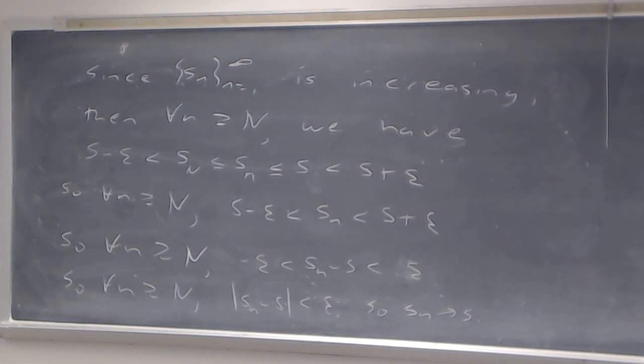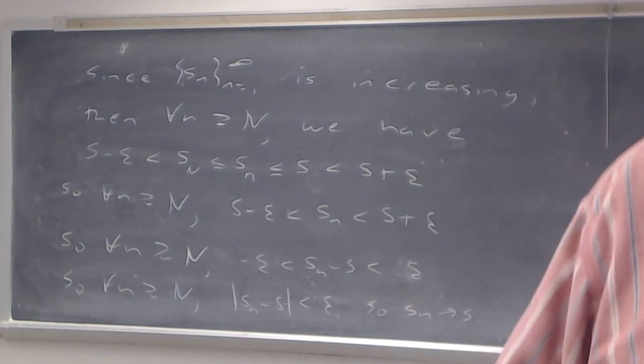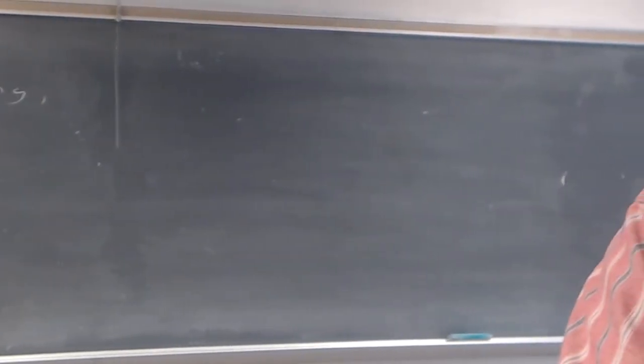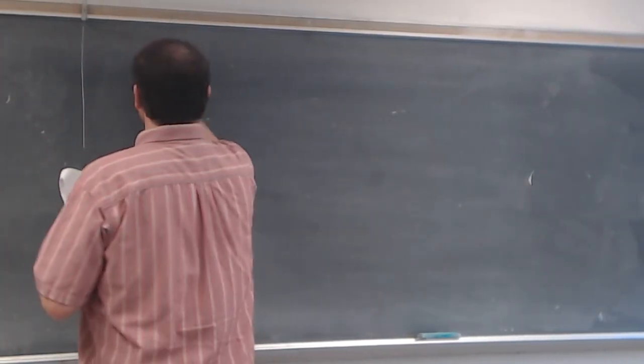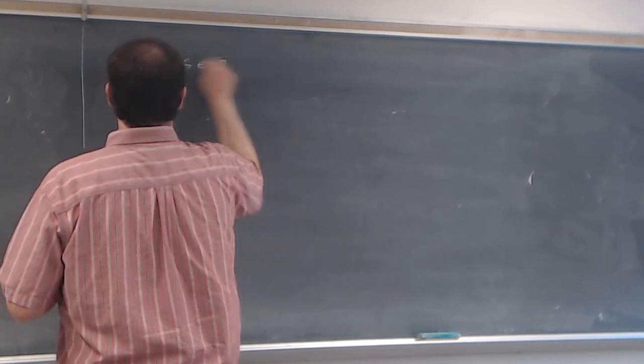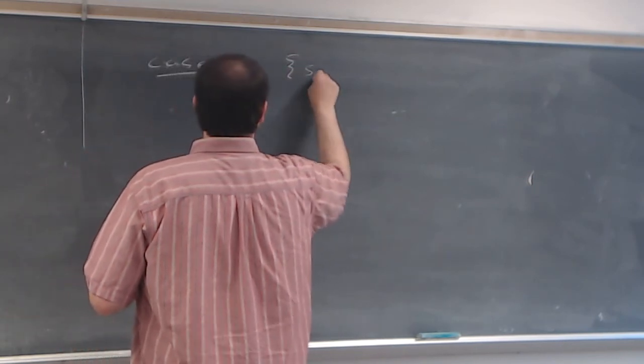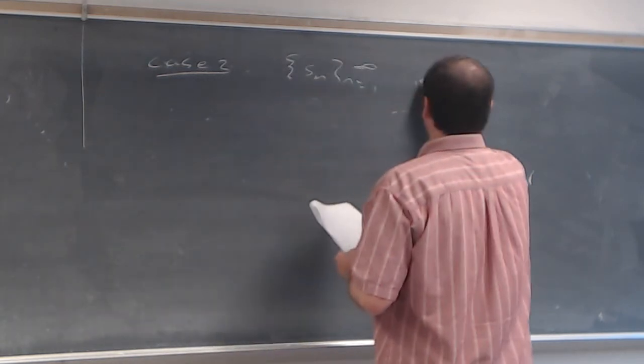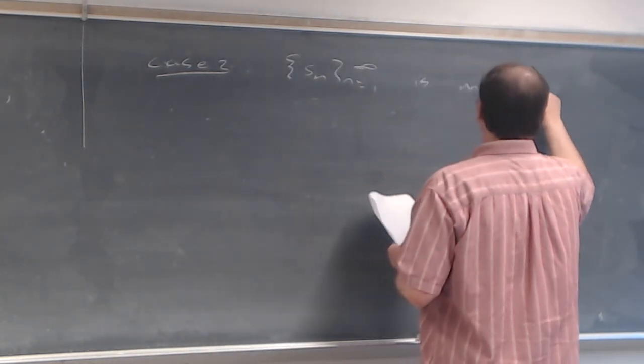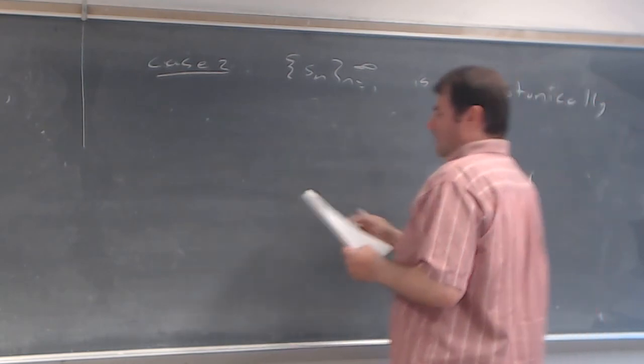Now case 2 is when we have S of n being monotonically decreasing. It's going to work very similarly. Decreasing.